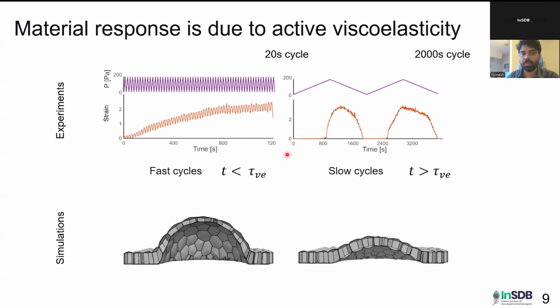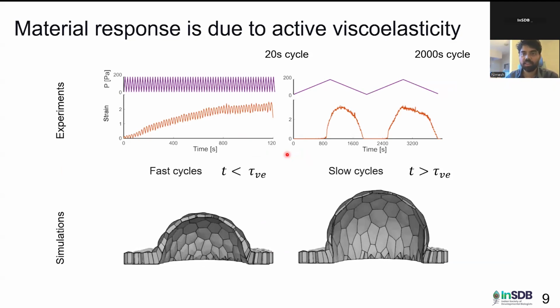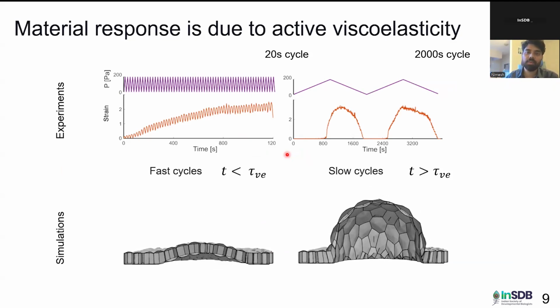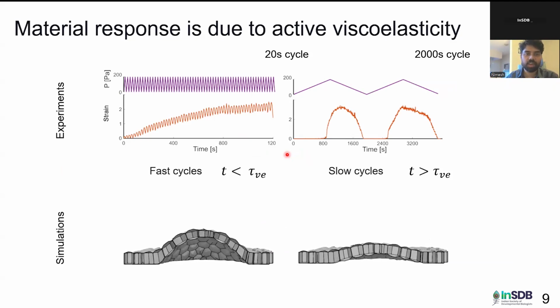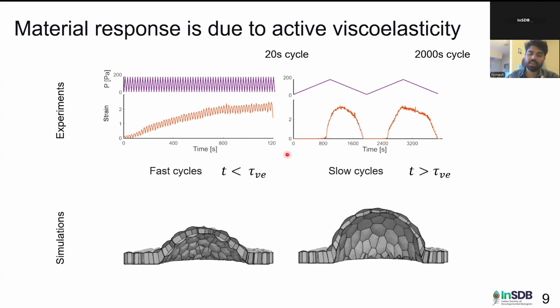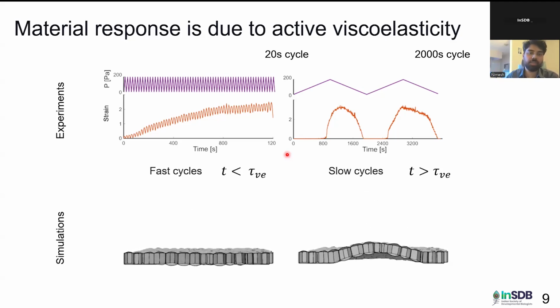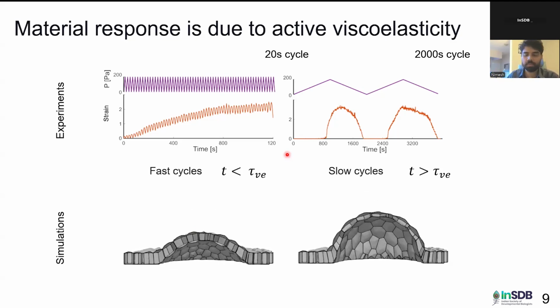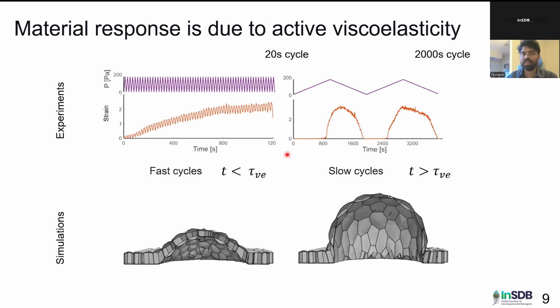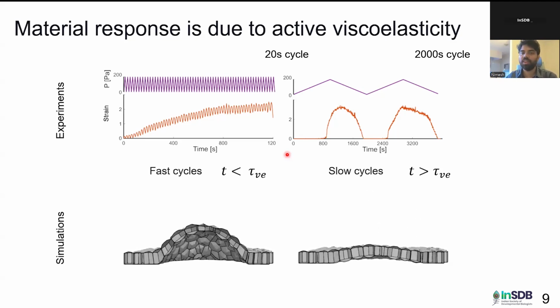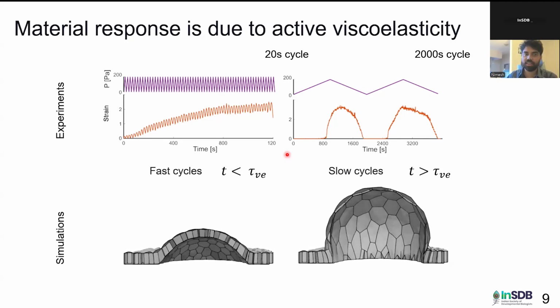However, if we deform them very slowly, the cells have enough time to dissipate viscoelastic stresses and stretch to larger deformations and come back to original, because there is enough time for cells to deform. So with this, we understood how the tissue mechanics work for stretching and tension.